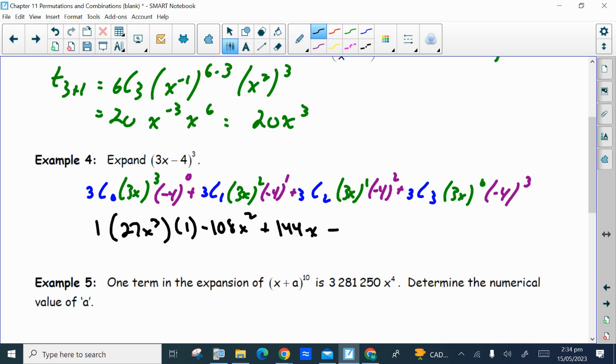So right now we have 1 times negative 4 all cubed, which is negative 64. So the final answer will be 27x cubed minus 108x squared plus 144x minus 64. So there's the final expansion.